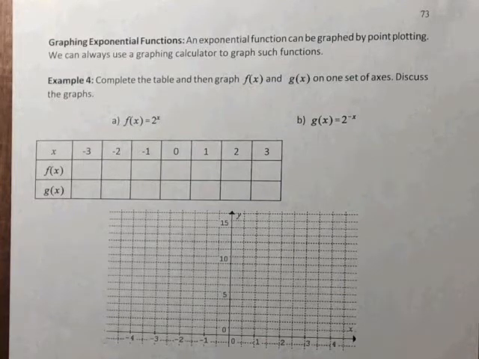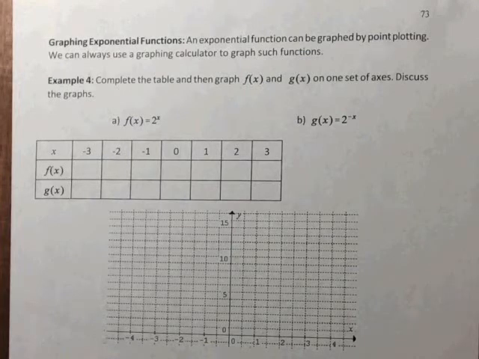answer that question, what we're going to do is, without a graphing calculator, by the pointwise technique that we discussed before, sketch the graph of two very basic exponential functions, and then use those two to get a general idea of how all exponential functions look as far as the graph is concerned.